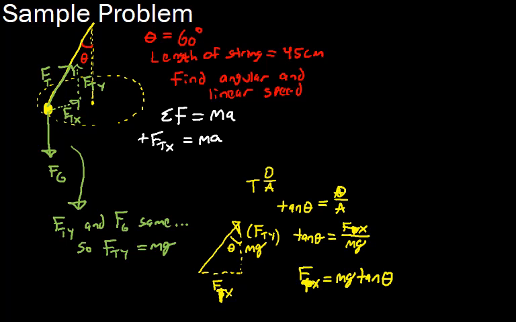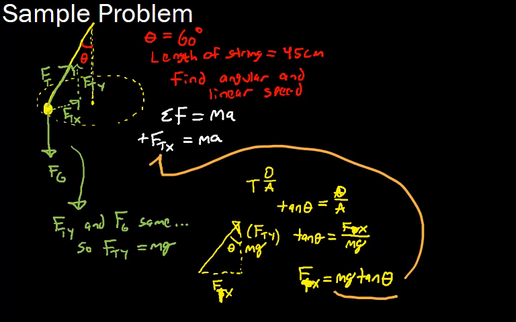So we can set up the opposite over the adjacent, because we know the adjacent side is the force of tension in the y, and so we end up getting for force of tension in the x, mg times tan theta. So now that we have that, we can work this out in variable form there.